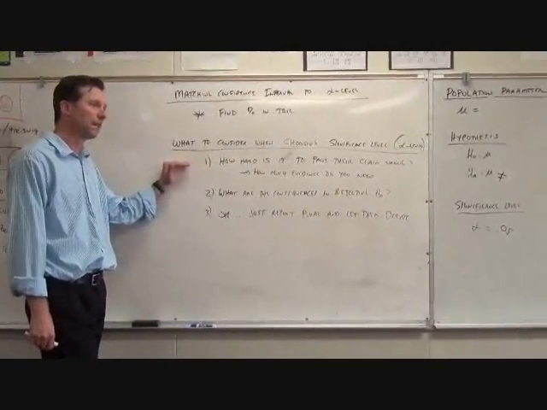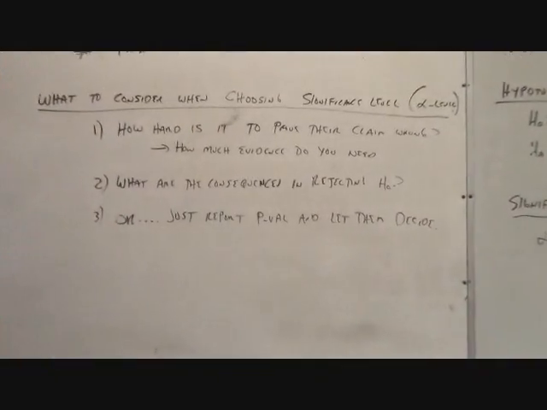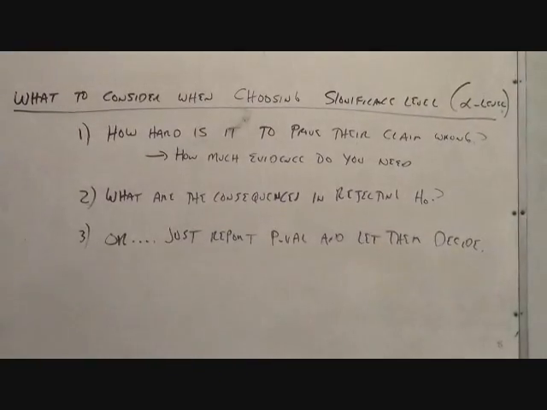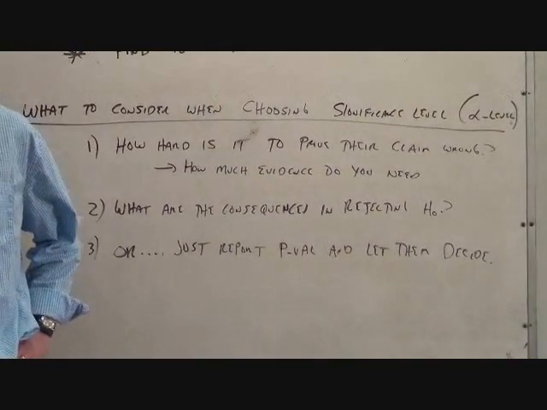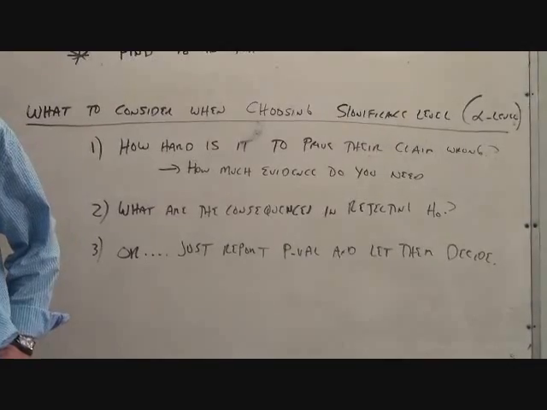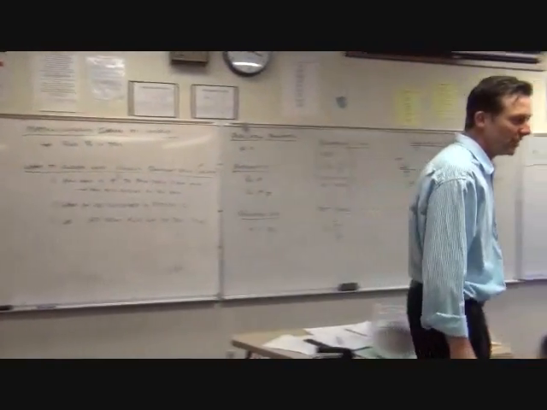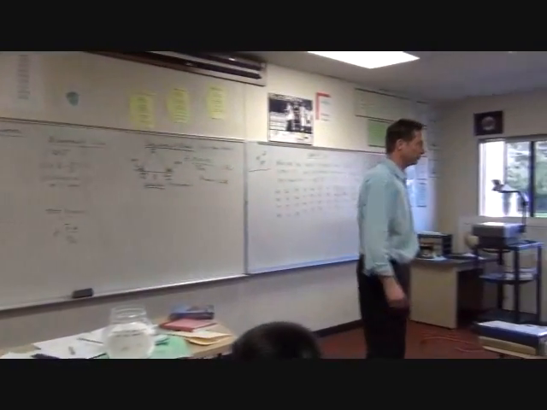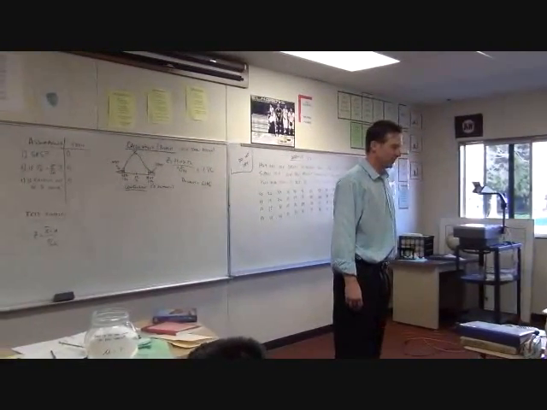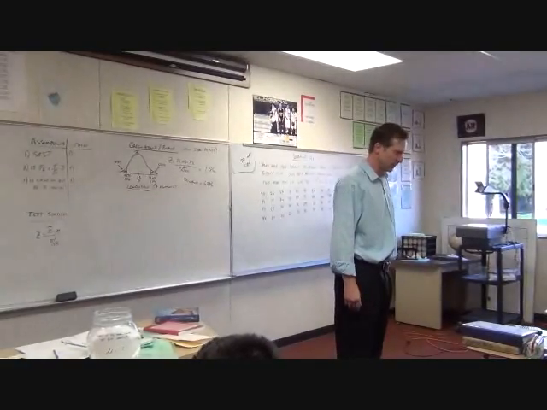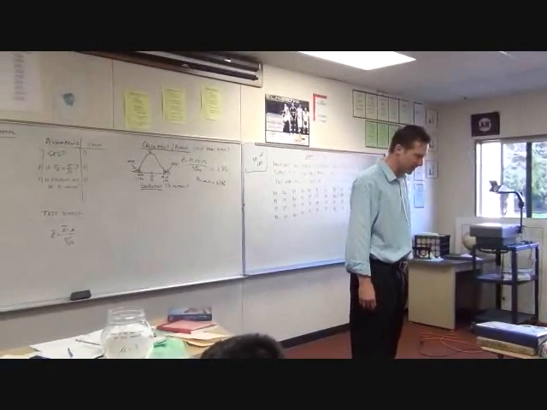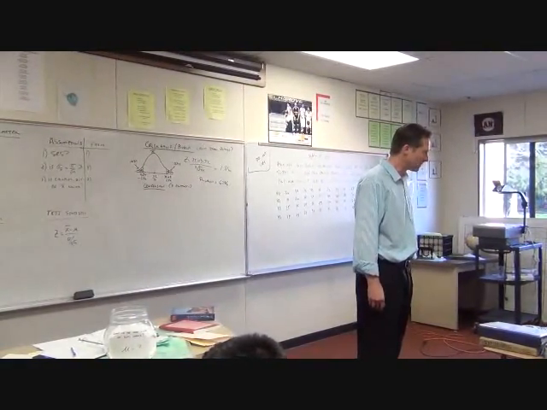Item 1. How hard is it for you to convince somebody that you've proven them wrong? How hard is that going to be? For example, let's say my null hypothesis is the sky is blue. Is it going to be hard for me to prove to you that the sky is not really blue? Is that going to be a tough sell? Is that going to be difficult?